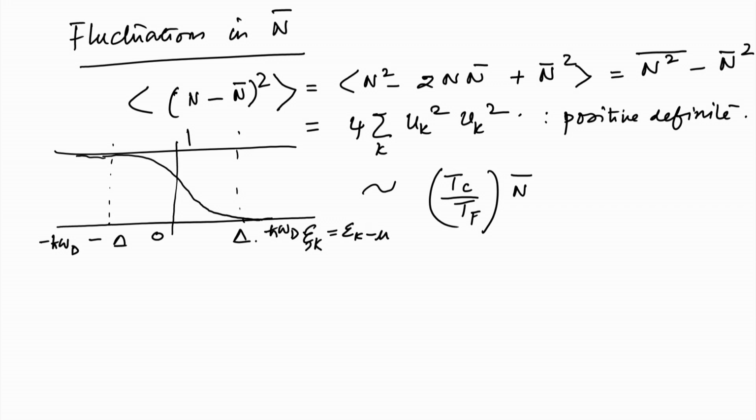So, let us write down a BCS many body ground state. Or rather, let us write down a Hamiltonian.